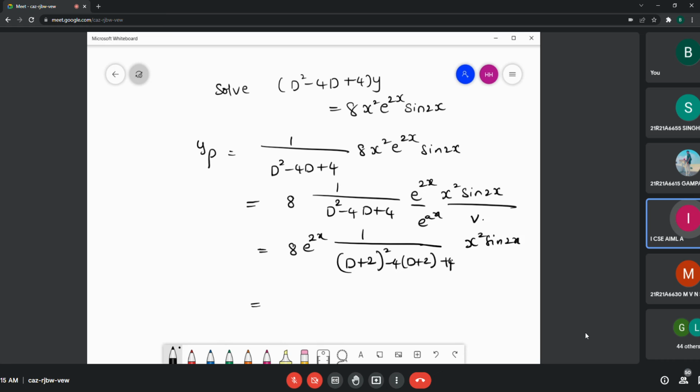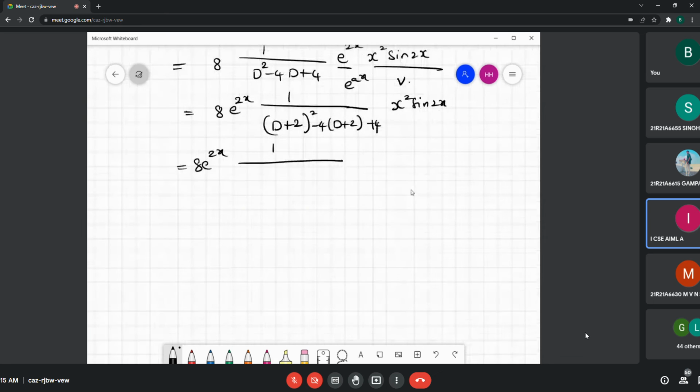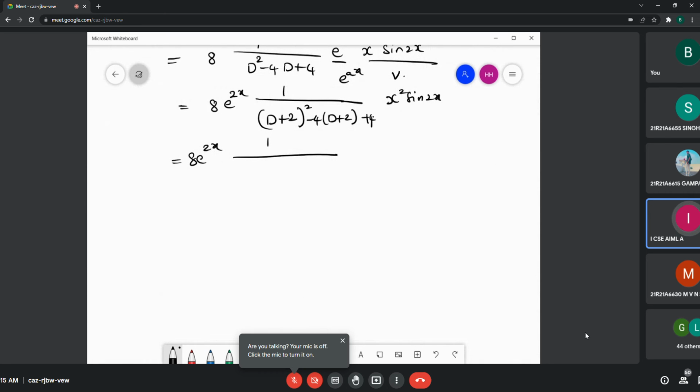So this is equal to 8 e power 2x, 1 by, and in the denominator we have to do the simplification: D square plus 4 plus 4D minus 4D minus 8 plus 4, into x square sine 2x.